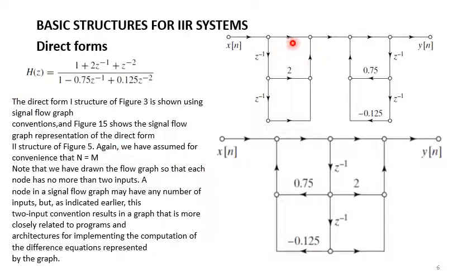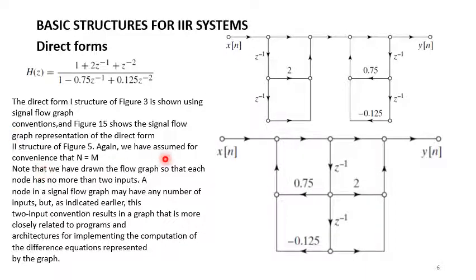This one is the direct form 1 structure, and if we interchange the poles and zeros, so that these poles come here, and these zeros come here, we can also write it like this. We assume that the system is linear, but the assumption here is about the precision, that we assume the system has infinite precision.